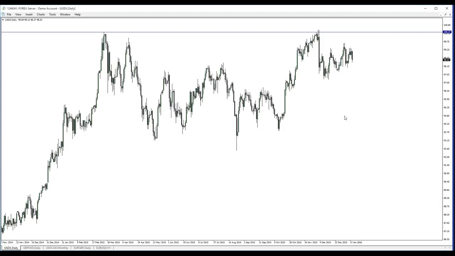Supply and demand is not an ICT order block, as much as the pundits would like to say they are. They're not. The way a supply and demand zone is created and perpetuated by Sam Seiden or those Online Trading Academy guys, or whoever else subscribes to the view of supply and demand, they get you to a zone.